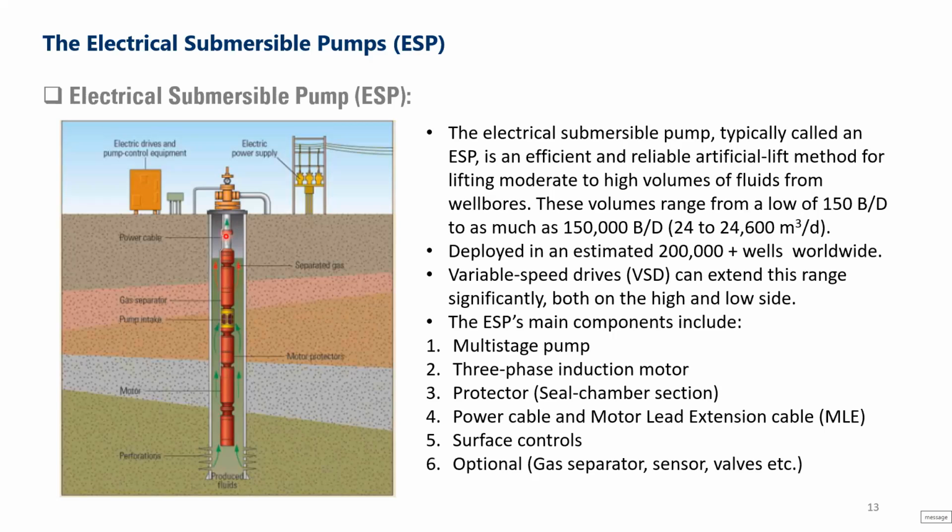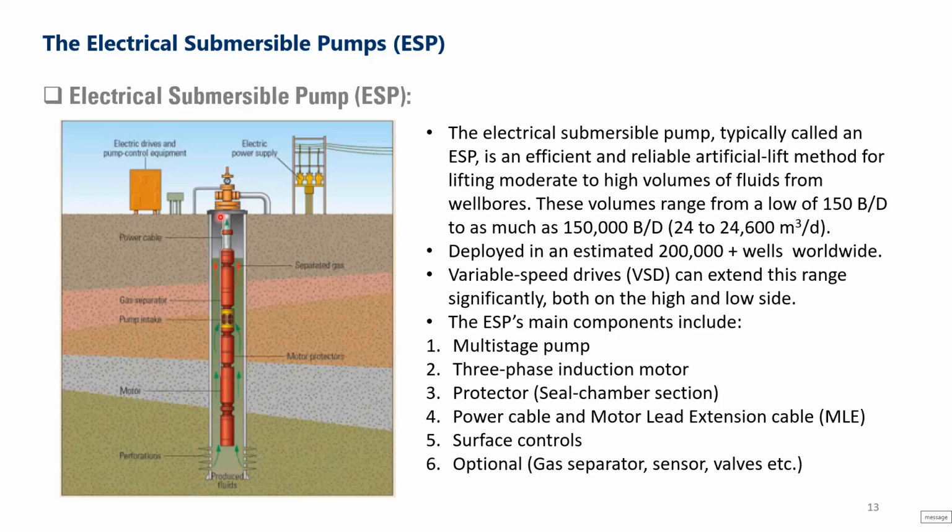There are a lot of other options that you can put here. If there is an application for a packer, it comes on top of the ESP. If there are other applications, such as safety valves for well control or well integrity purposes, they all come on top of the ESP.